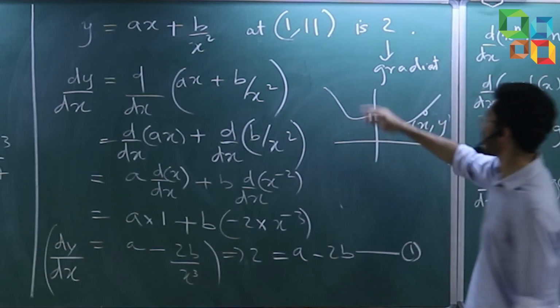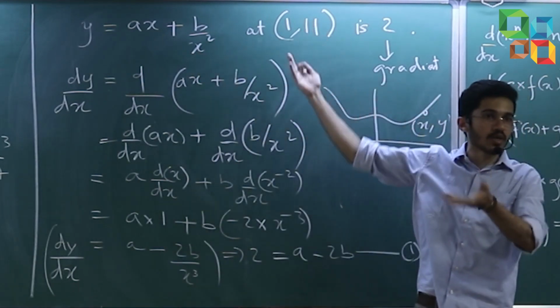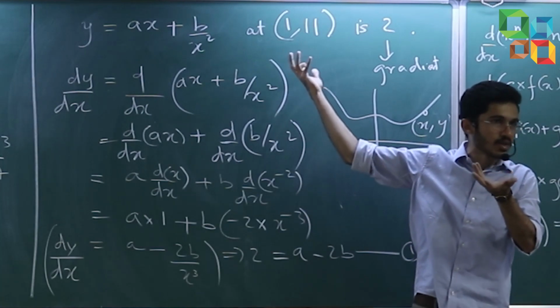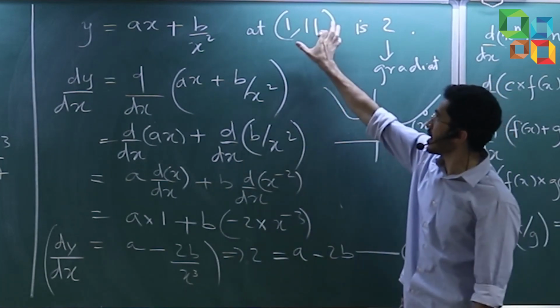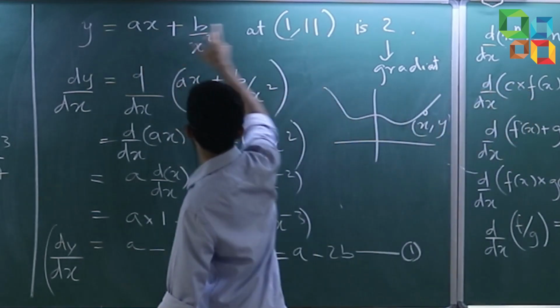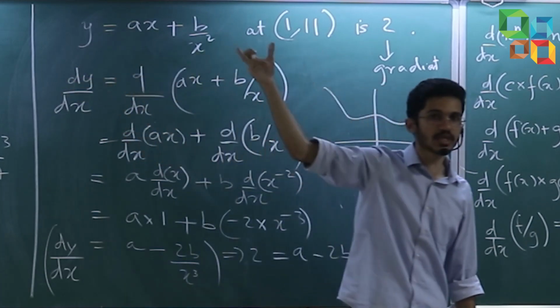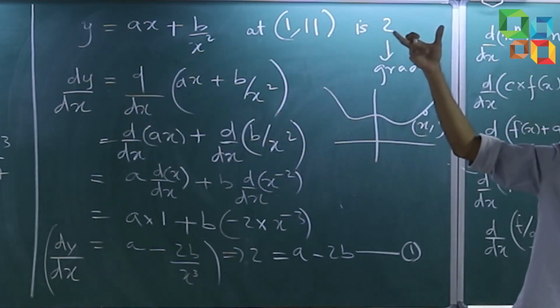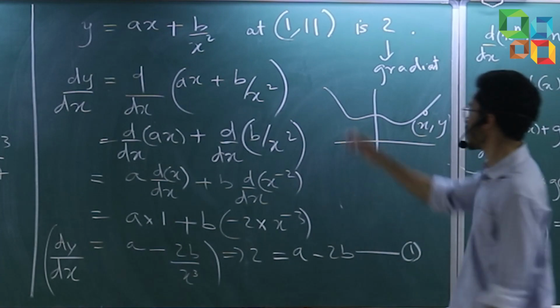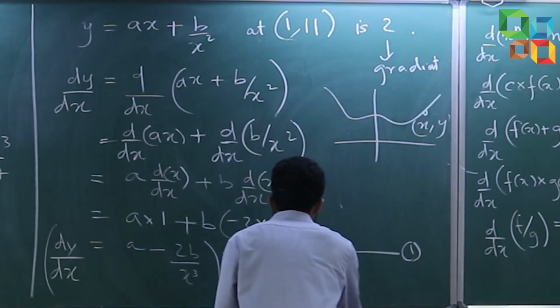Right? It is given that the gradient is at this point, which means this point is a point on the curve. Otherwise, whose gradient are you finding? So it should satisfy the equation. If you put x equal to 1 and y equal to 11, you get a plus b equal to 11.